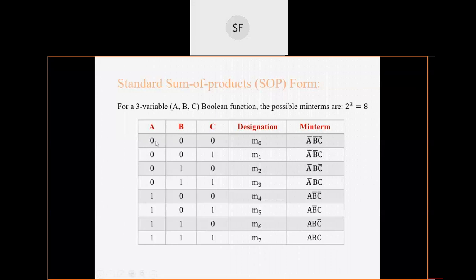Suppose I am considering this particular case: you can observe that values assigned to all three variables are 0, so that's why the complementary form is written here. Similarly, if the value assigned to A, B, C is 1, then there is no complementary form. This is important because it will vary in product of sum.